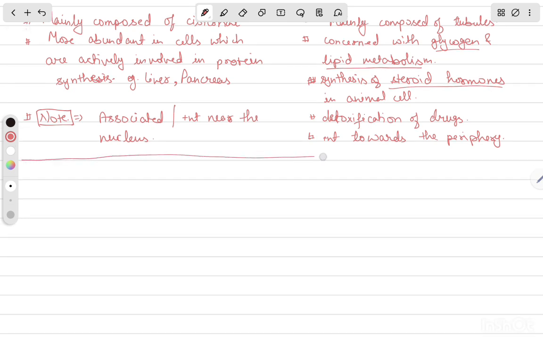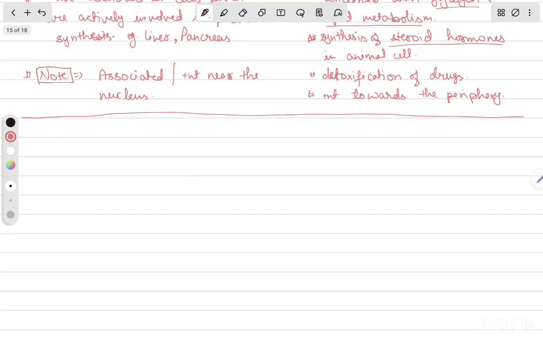Next point about endoplasmic reticulum is modification of endoplasmic reticulum. In modification of endoplasmic reticulum, we have just one important point, that is sarcoplasmic reticulum.